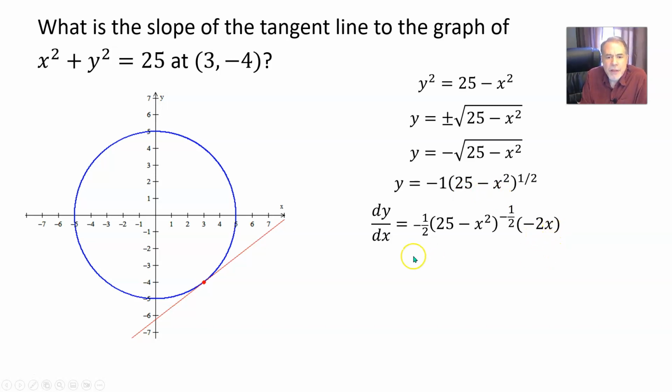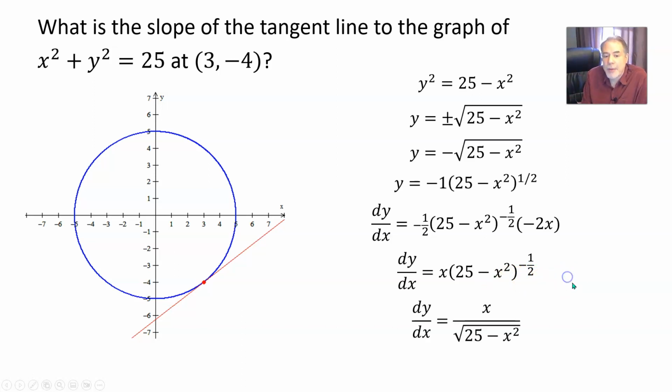And we can simplify that because the negative 1/2 times the negative 2x would just be a positive x. And then when you have something to the negative 1/2 power, that's like taking the square root of that and putting it in the denominator. So we can write this as dy/dx equals x over the square root of 25 minus x squared.